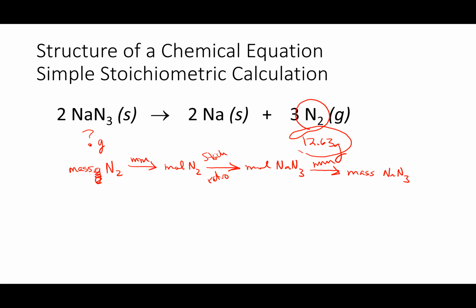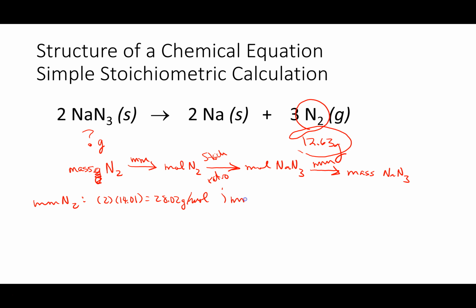My favorite way to work this problem is, you can actually work three separate problems if you want to, but I like to string them up. I like to knock out my molar masses in the margin. So the molar mass of N2, 2 times 14.01, is 28.02 grams per mole.